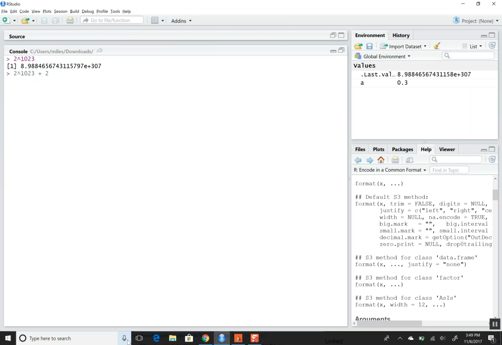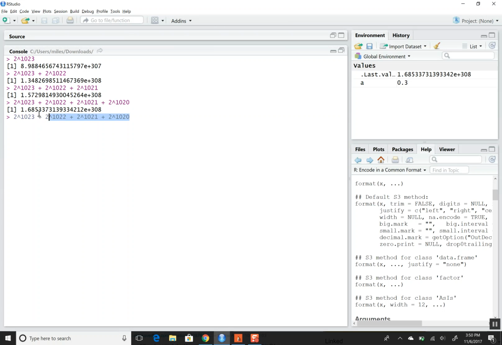1.1 times 2 to the 1023 would be 2 to the 1023 plus 2 to the 1022. Okay, so I can have that, and I can do plus 2 to the 1021, and I can keep going. These values would keep changing little by little, and we would get to a certain point.